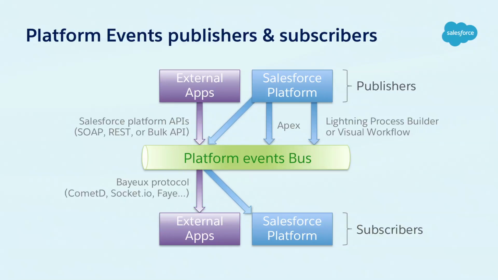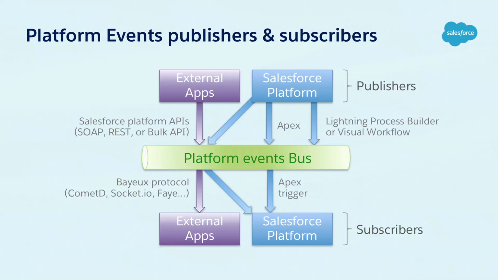These are the most common: CometD, Socket.io, and Faye. CometD is actually the reference implementation, so that's the one you'll hear about most often. It's generally very good. You can use the other ones, but generally CometD does the job. CometD allows you to receive these platform events, and I will go into the detail about the Bayeux protocol later.